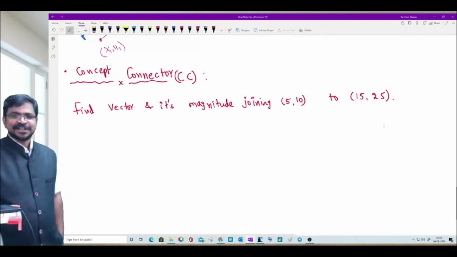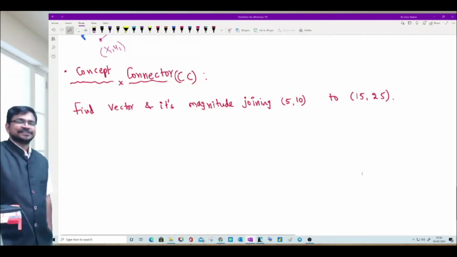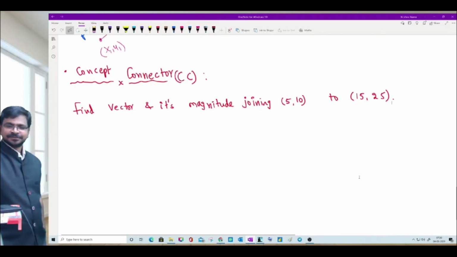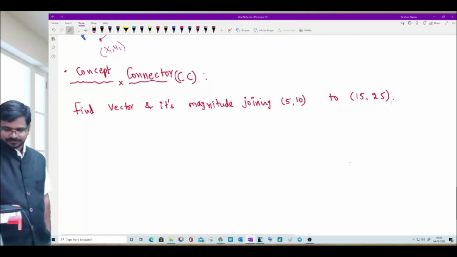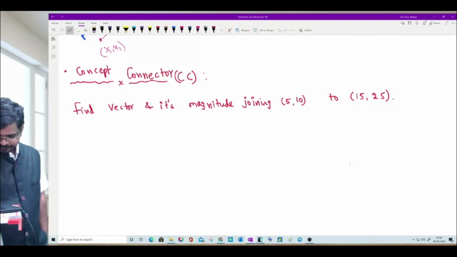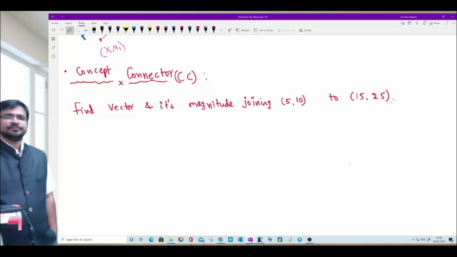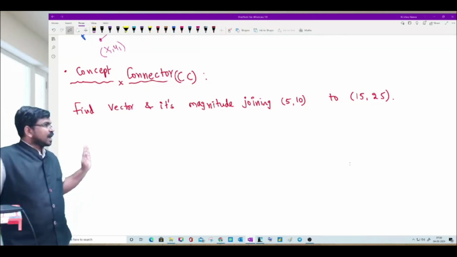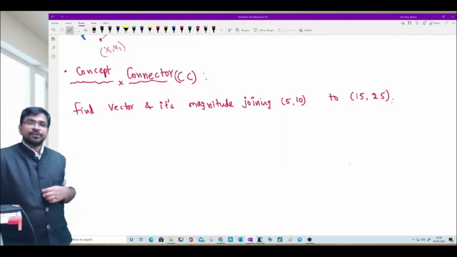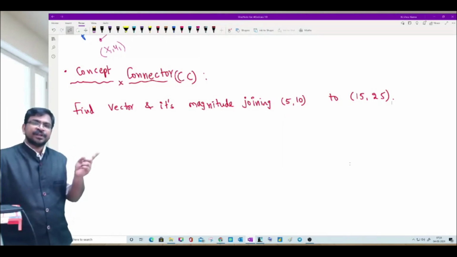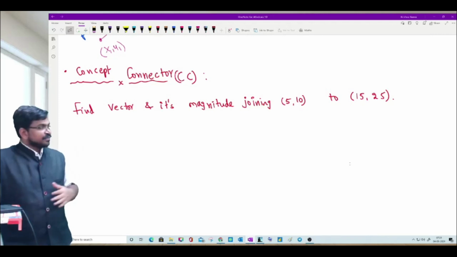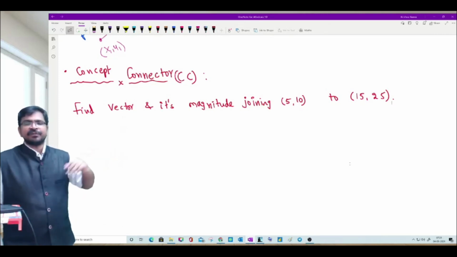Let me check how many of you will solve quickly. Find the vector and its magnitude both, joining two points 5, 10 to 15, 25. Here 5, 10 will be the first point, 15, 25 will be the second point.